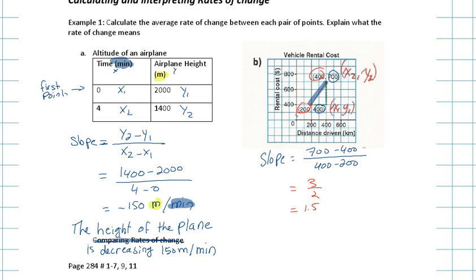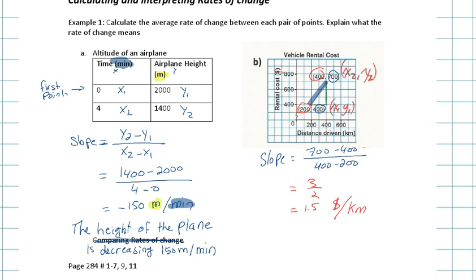Dollars per kilometer, because it's y over x: y2 minus y1 over x2 minus x1, the cost over the distance. So it's dollars per kilometer. It makes sense, you're paying $1.50 per kilometer.